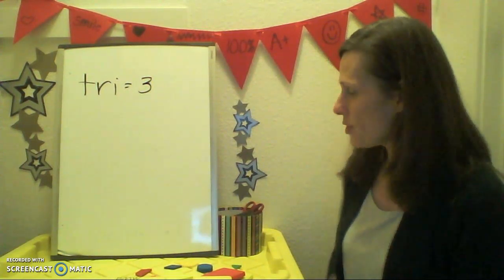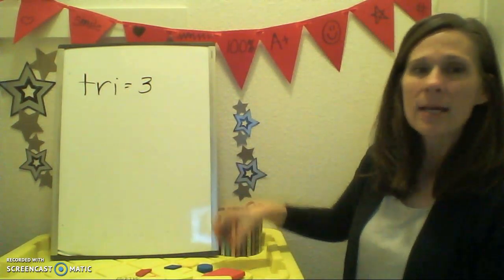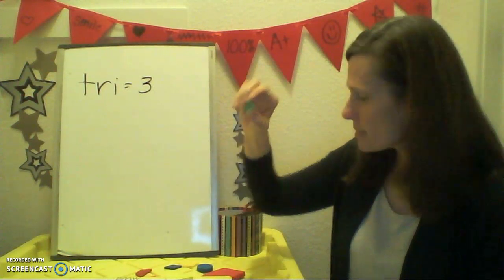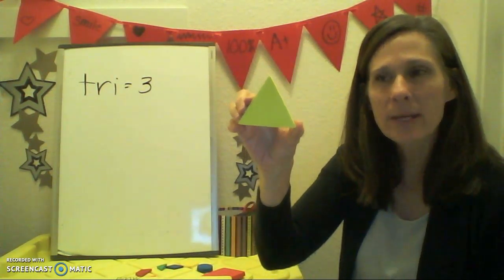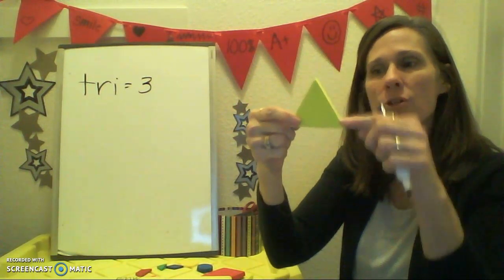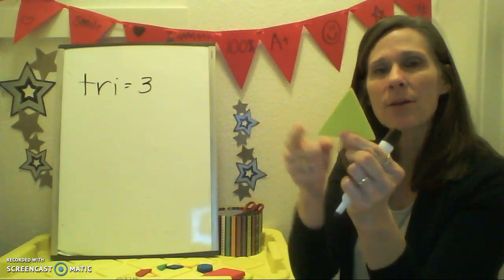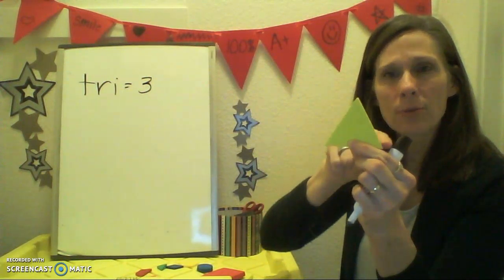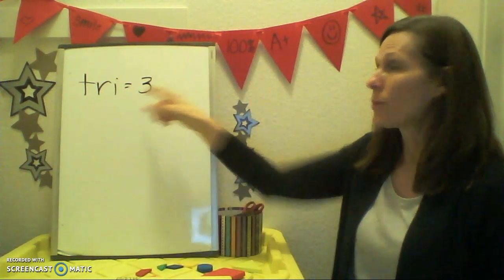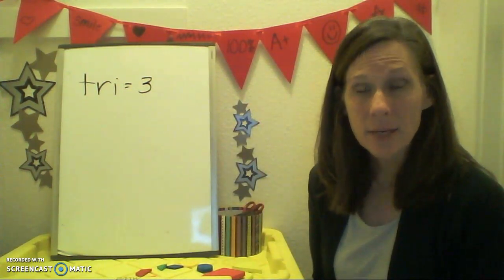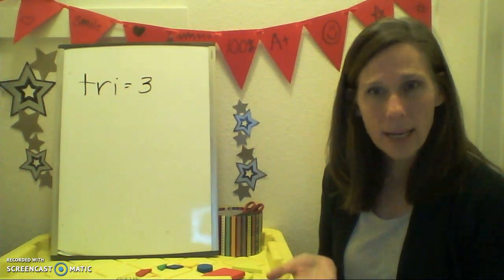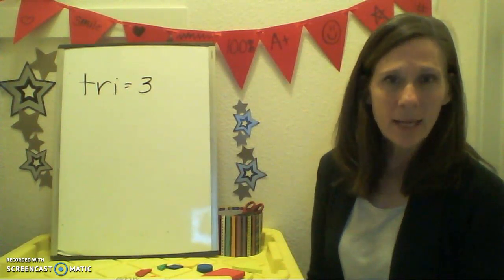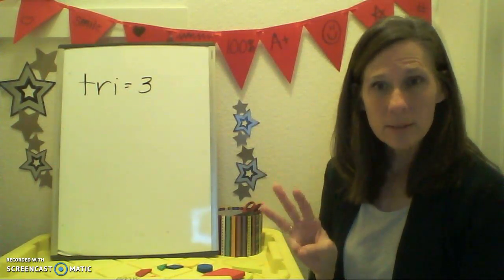I'm hoping that you are saying a triangle, because a triangle has three sides, 1, 2, 3, and three angles, 1, 2, 3. And you might notice that word in triceratops, a dinosaur that has three horns, or tricycle, a bike that has three wheels.